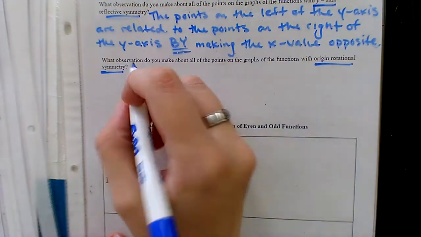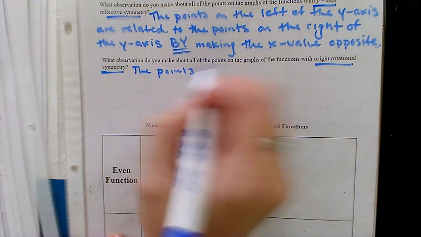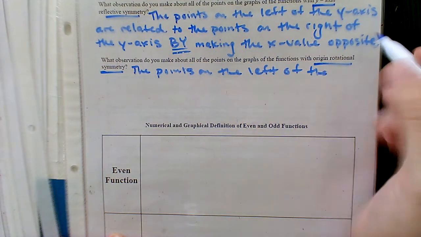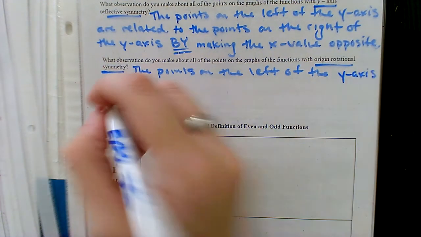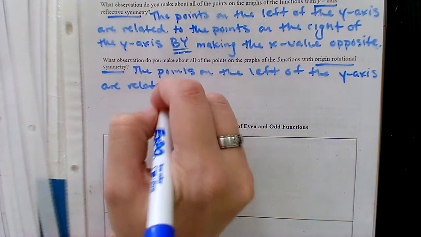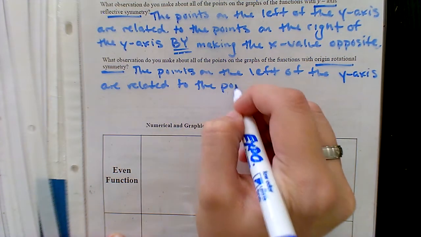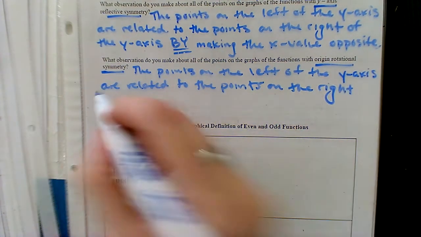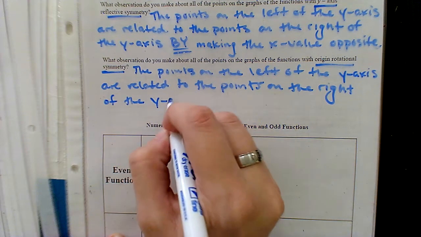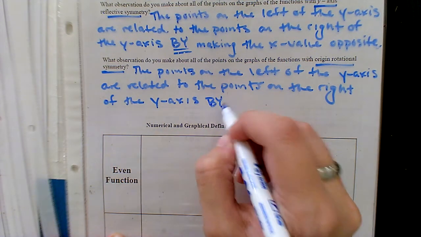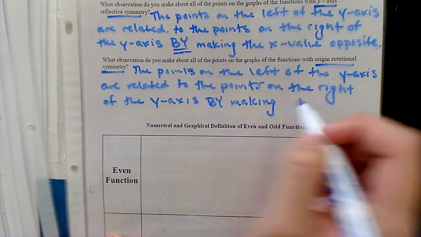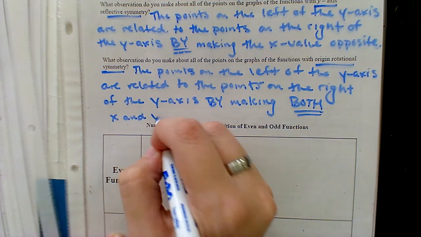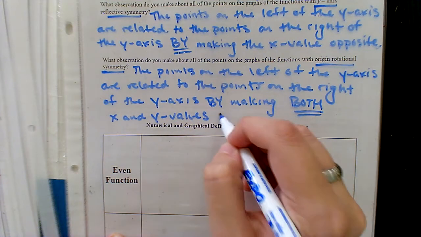Okay, so on page 101, we'll say the points on the left of the y-axis are related to the points on the right of the y-axis by making both x and y values opposite.